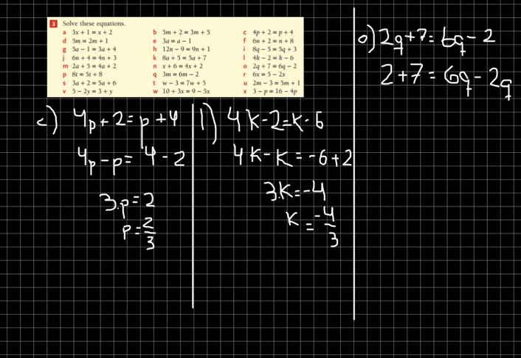Okay, now 2 plus 7 is going to be 9, and 6q minus 2q is equal to 4q. Now let's remember that this 4 is multiplying a q, so in order to isolate the q, we must send that 4 from multiplying to divide. 9/4 is equal to q.